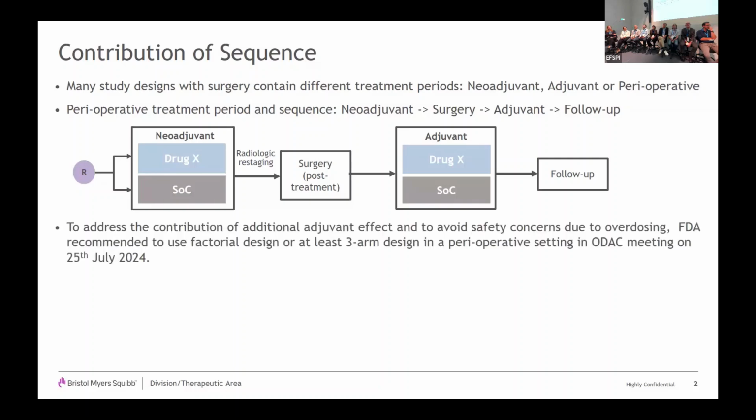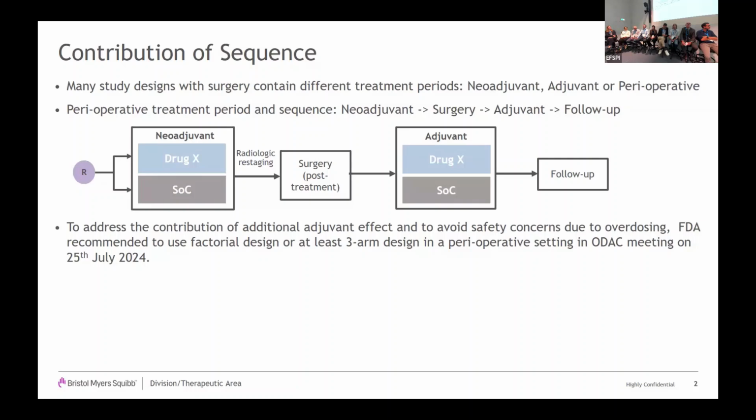So this design involving a sequence of treatment actually has some concerns. Firstly, it is unable to isolate the contribution of the additional treatment effects in the different treatment periods.